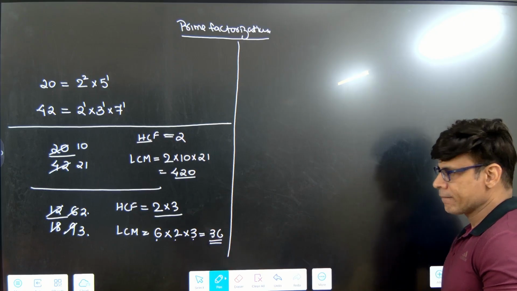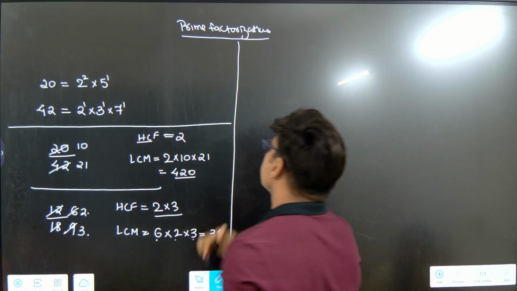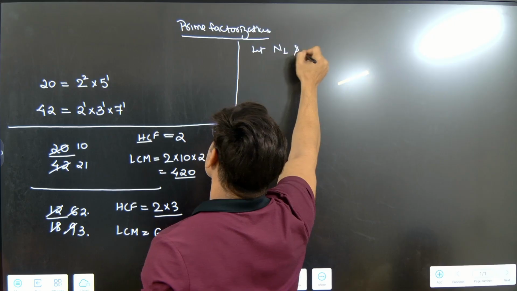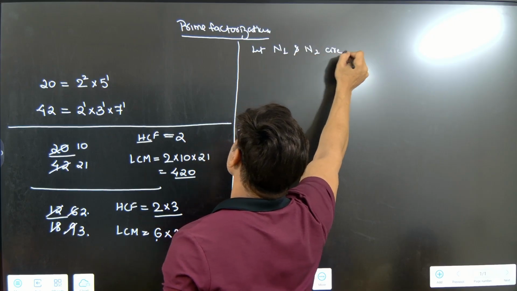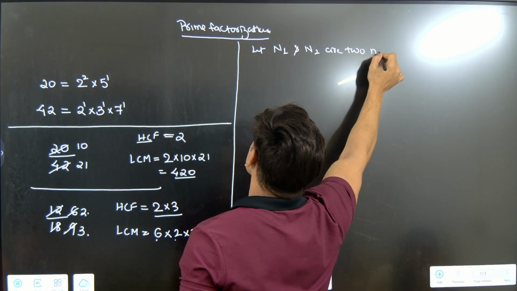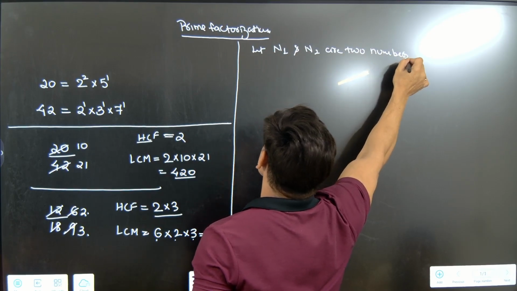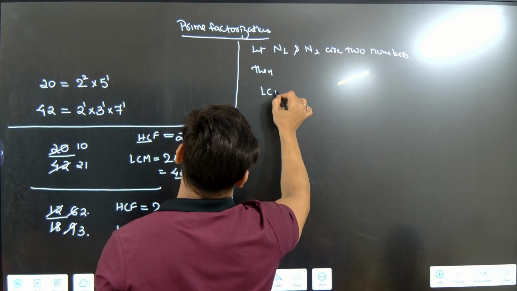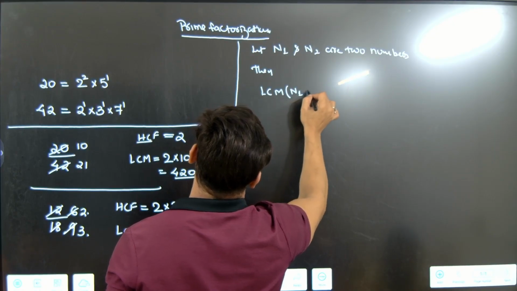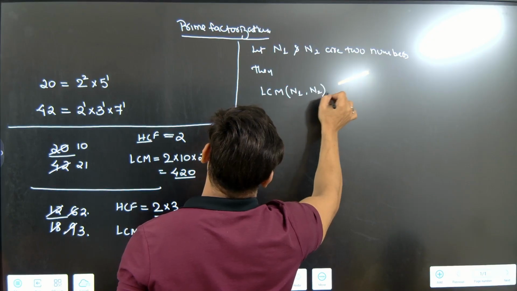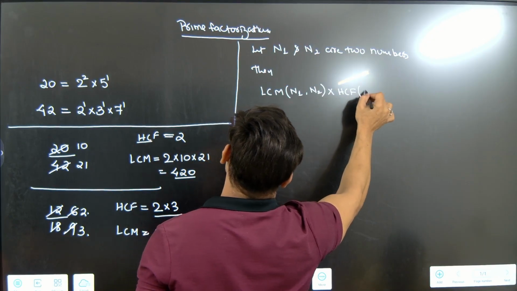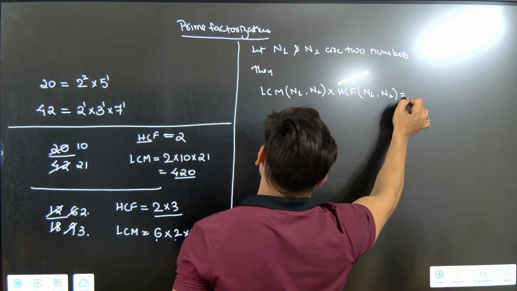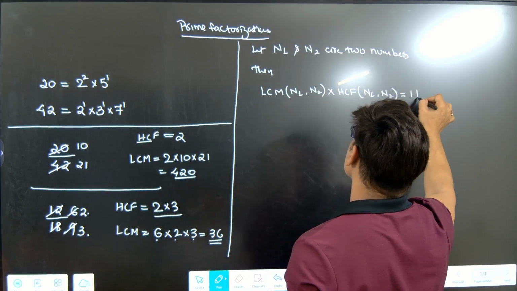So let's take N1 and N2. LCM of N1 and N2 into HCF of N1 and N2 is equal to N1 into N2.